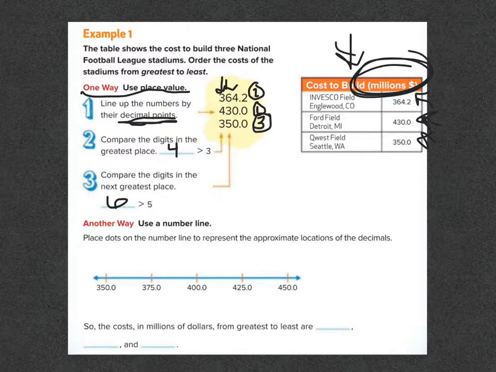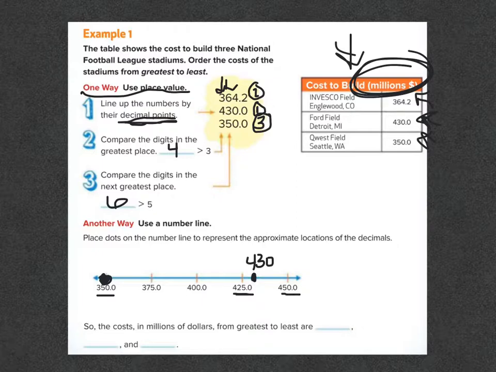Another way is we could use a number line. So I've got one at 350, one at 430. So 430 is going to be between 425 and 450, but closer to 425. So I'm going to put it about right here. This is going to be 430. Better label them. 350 is already labeled.